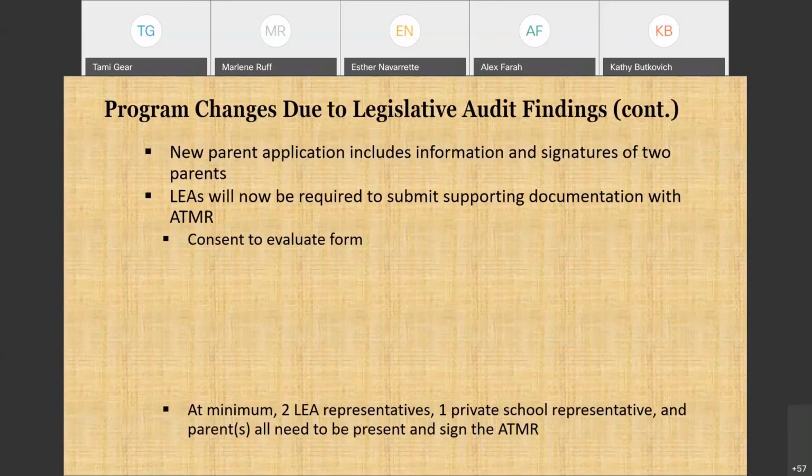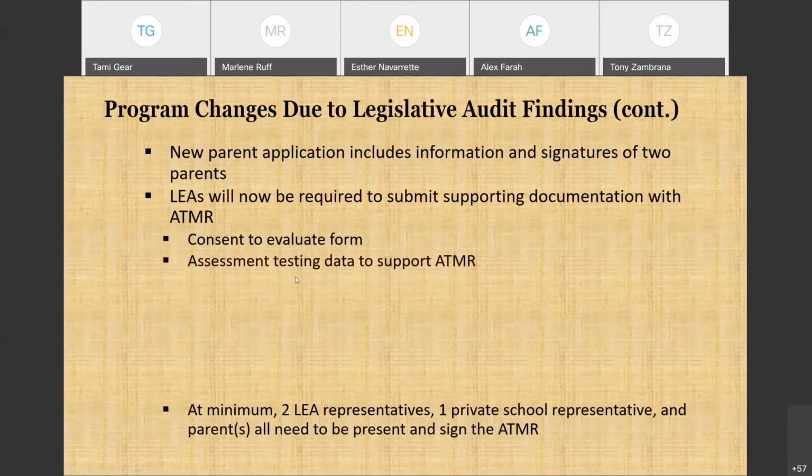Correct. Yes, we need to have that supporting documentation for both levels. There also needs to be a consent to evaluate form included. For a district to do that evaluation, parents must have signed a consent to evaluate form. That should be part of the documentation that is submitted.